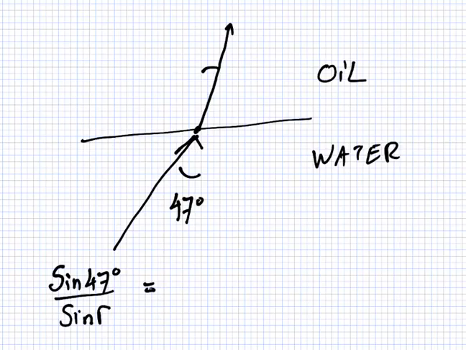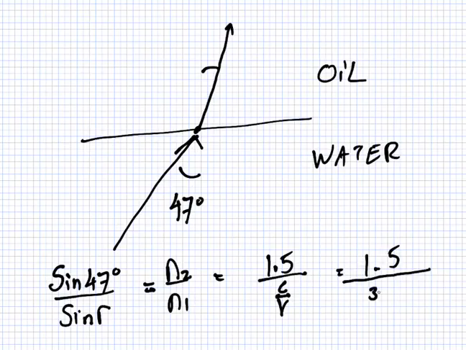What's the n formula? n2 over n1. Do you know the n2? It's given. It's 1.5. Do you know the n1? Well, you can work it out. It's C over V. So this will be 1.5 over 3 times 10 to the 8 meters per second, divided by the V. What's the V? 2.2 times 10 to the 8 meters per second.